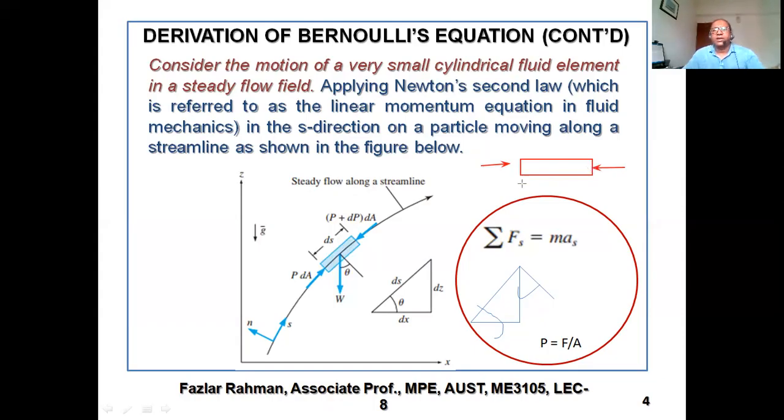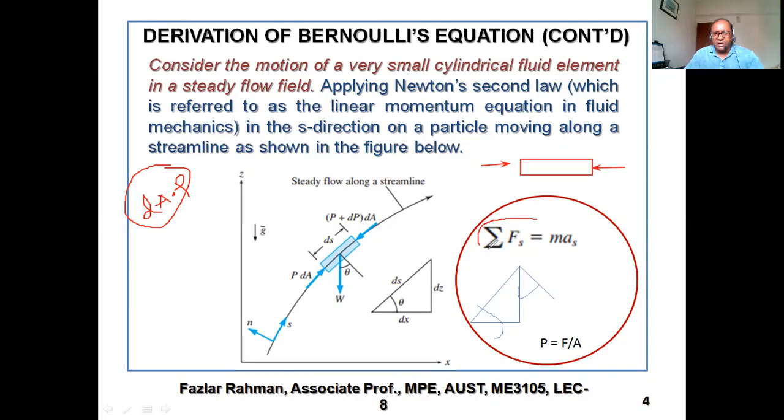So the pressure on the left side has to be higher than on the right side, then it starts to move. The cross-sectional area of the cylindrical fluid element is dA, a very small area. If you multiply this dA by the pressure, you get the force working on the left side. That is shown right over here.